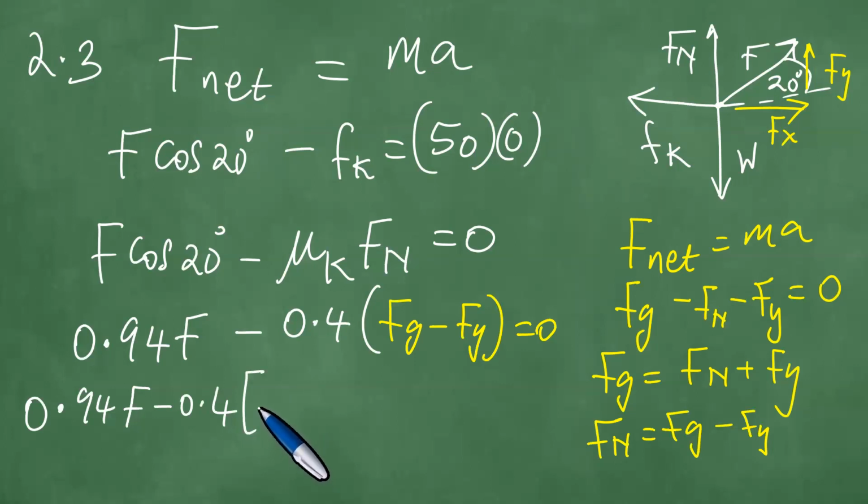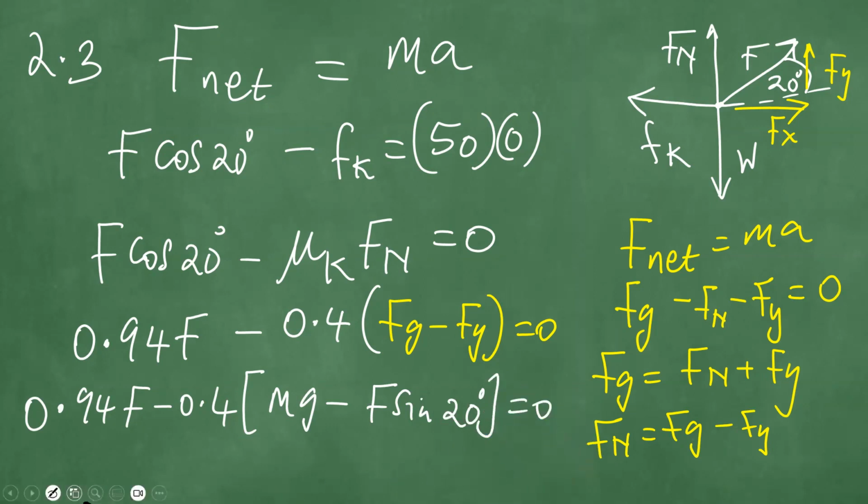This normal force, which is the force of gravity, which is mg minus the vertical component, which is actually F, the trigonometric sine of 20 degrees, and this is equal to 0. So now what we're getting here is the following.